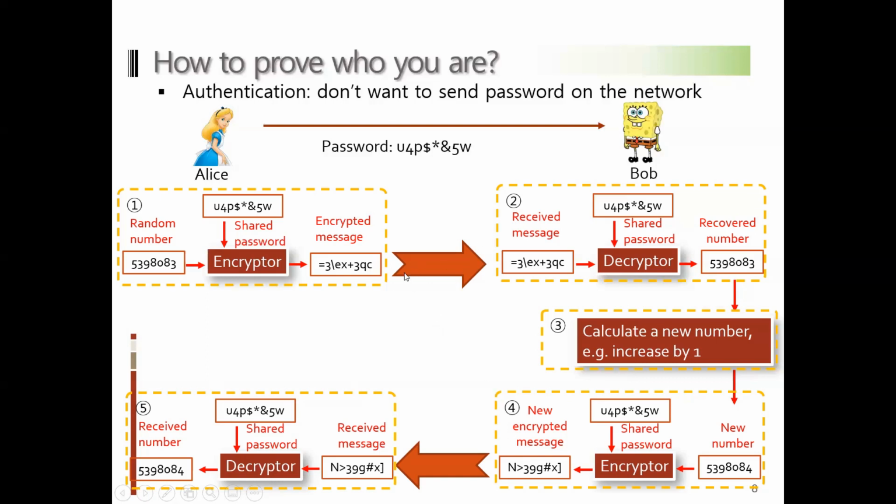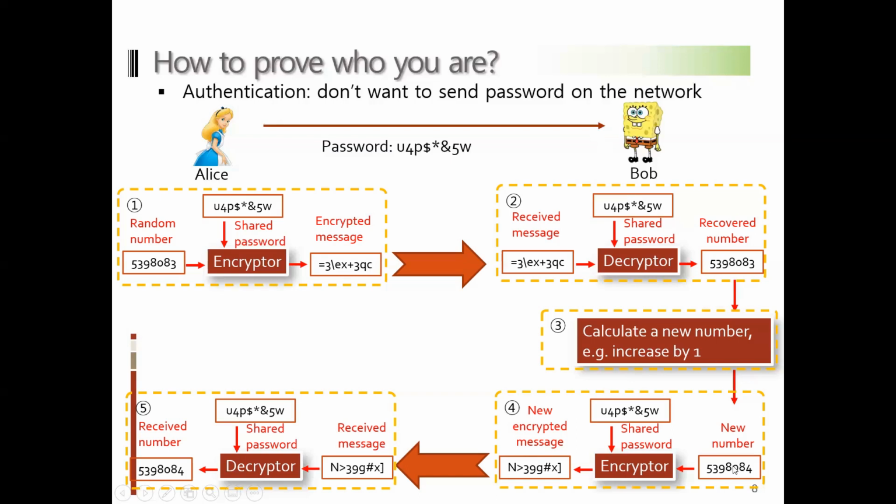If there was no problem in the communication or decryption by Bob, then Alice and Bob can use this new message as a new password. Once the authentication is over, Alice and Bob will do the actual exchange of the data, and during this data exchange they will use this new number as the password.